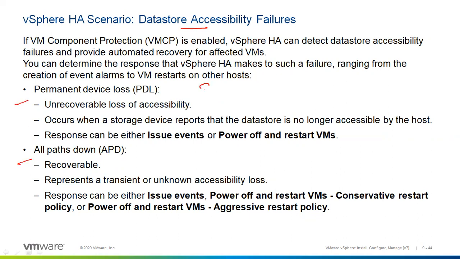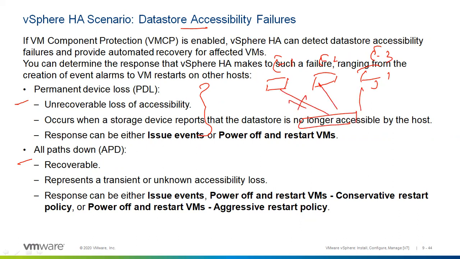When you say permanent device loss, let us suppose these are my ESXi hosts, ESXi 1, 2, and 3, and this path is permanently gone away from there. So what it will do, it will power off and restart the VM on another host.